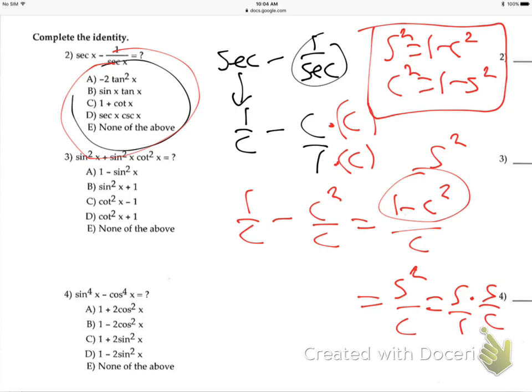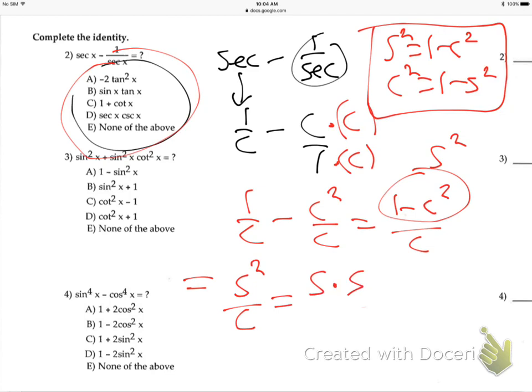Am I losing you here? So this is sine squared over cosine, split the sine like that: sine times sine over cosine. And then what is sine over cosine? Tangent. So that's sine times tangent, B, there it is. That was a hard one, wasn't it?